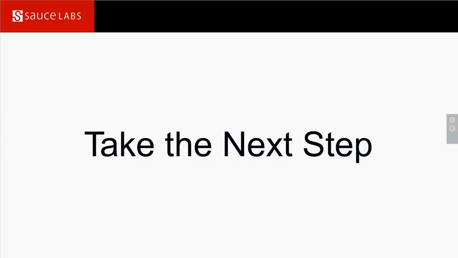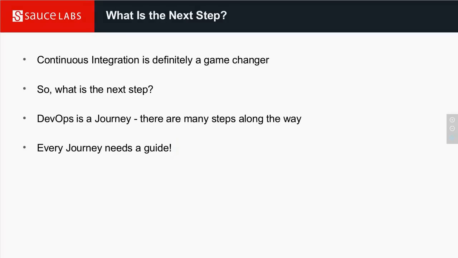So, my section here is about taking the next step, and I think it's an interesting conversation because Chris and Abhijit spoke really well to continuous integration and how extending into testing is really a game changer. It's really changed the industry in a lot of new ways, created a new industry even. There are new tools and technologies and vendors in the DevOps space.